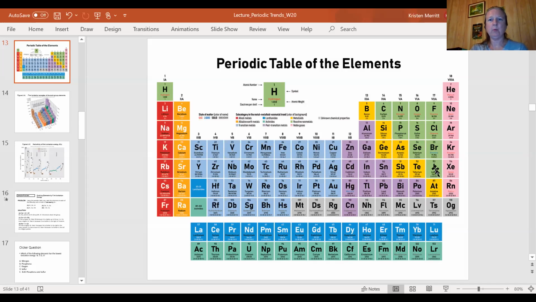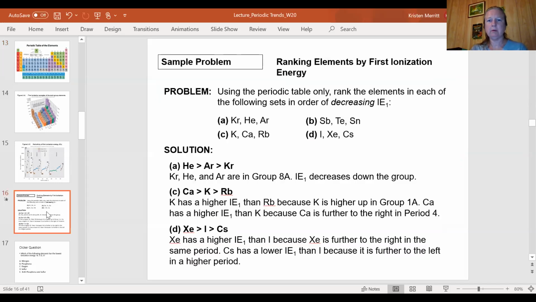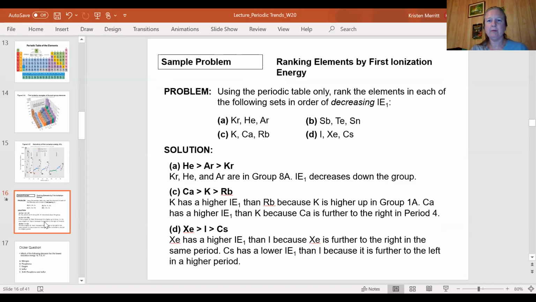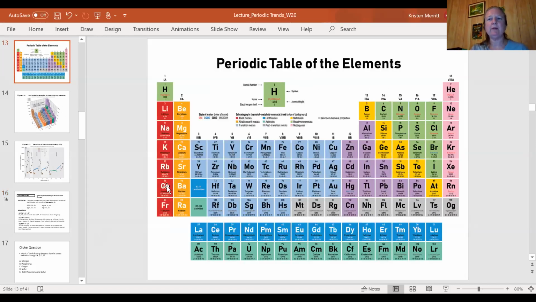And for some reason, I cannot find cesium. Further to the left in a higher period. Okay, so cesium is here. So that is going to have the lowest ionization energy because it's at a higher period. So it's larger and it's further to the left than iodine, than xenon. All right.